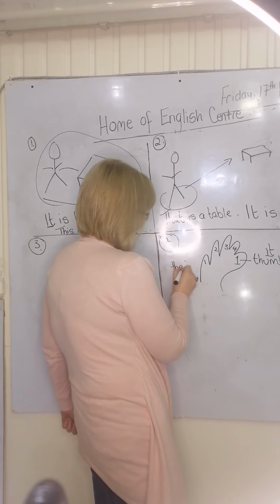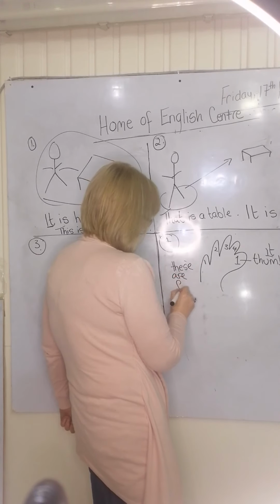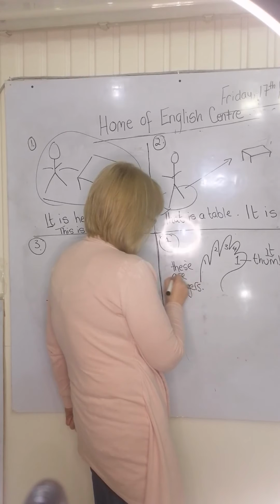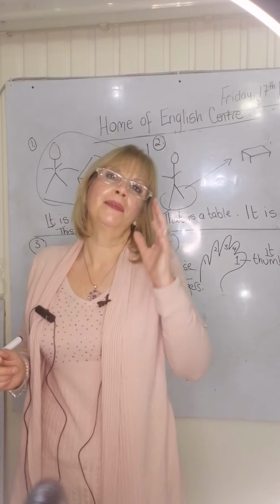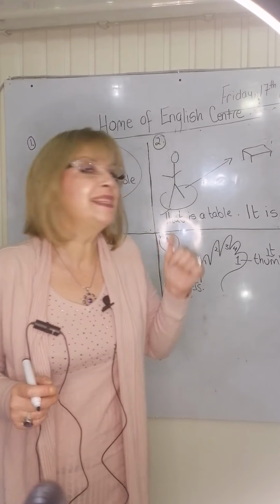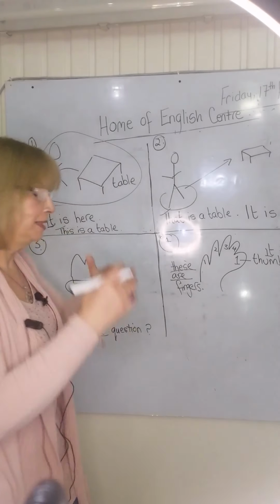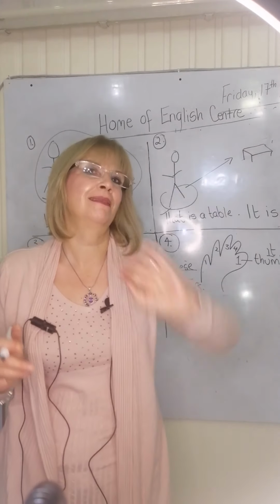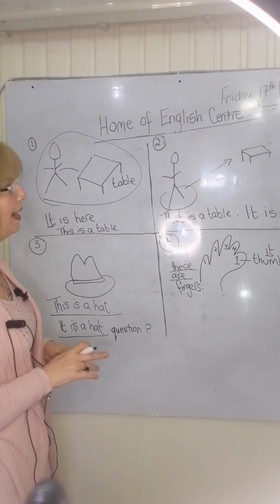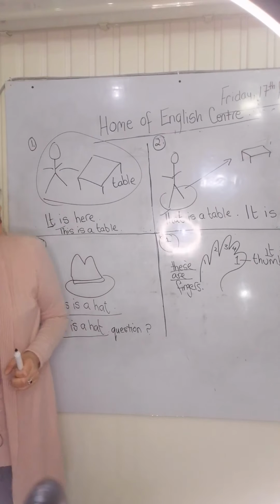These, because there's 4, are fingers. Are, because there is more than one. This is one, these are more than one. So these are my fingers, this is my thumb. Okay, so let's move on.